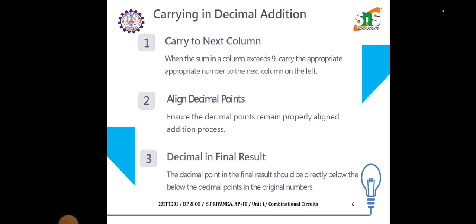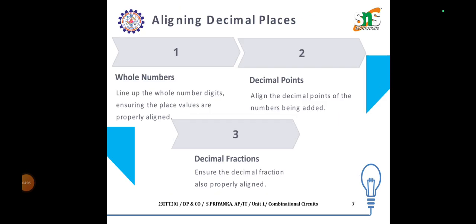It ensures the decimal points remain properly aligned during the addition process. Next is decimal in final results. The decimal point in the final result should be directly below the decimal points in the original numbers. These are the carries in decimal addition.